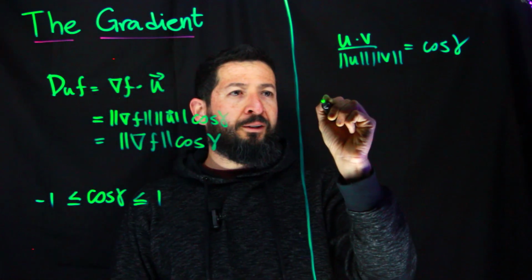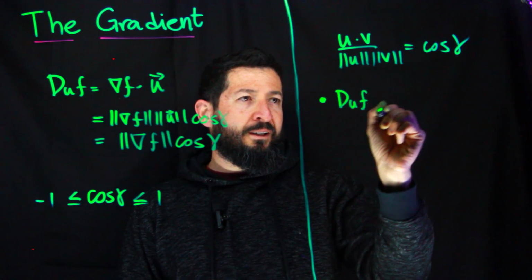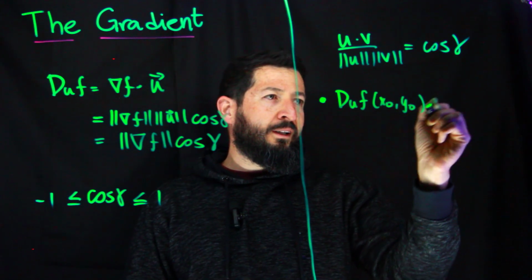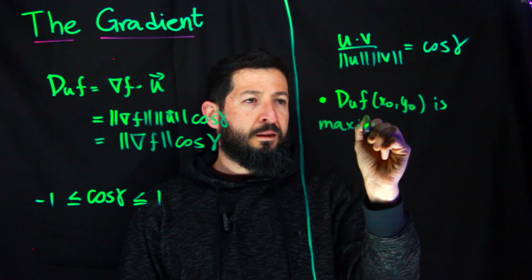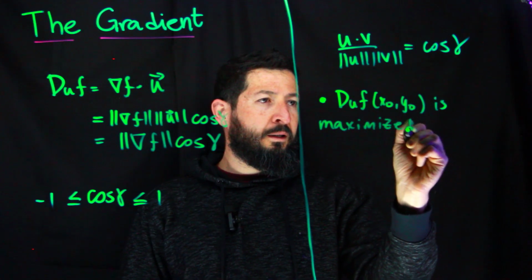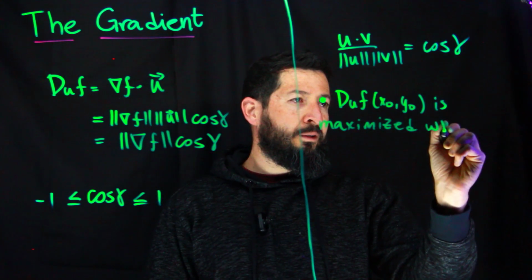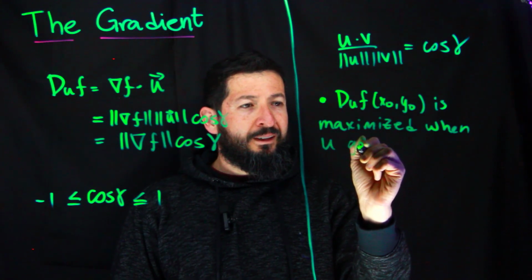So that's the first fact: the directional derivative at a point (x0, y0) is maximized when u goes in the direction of the gradient.